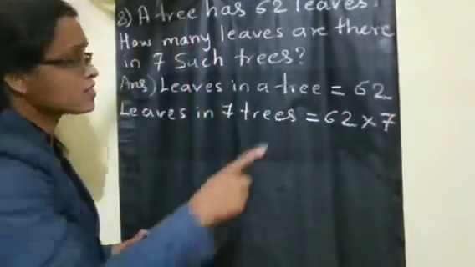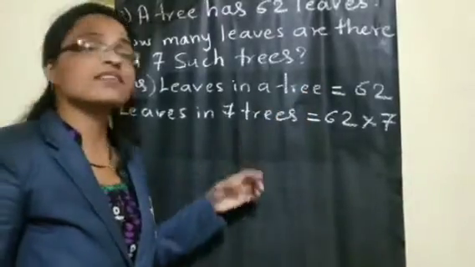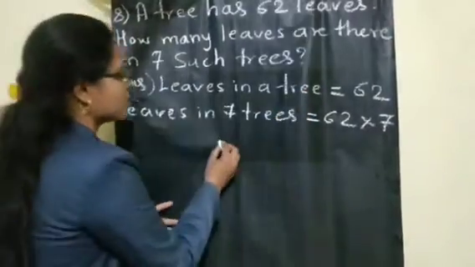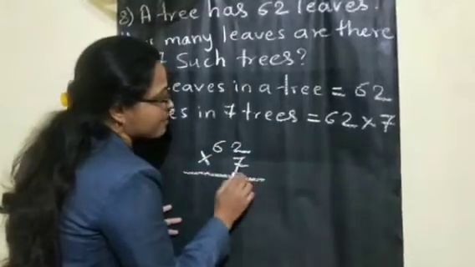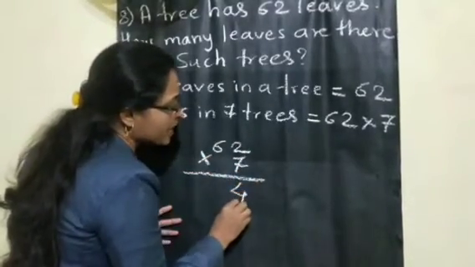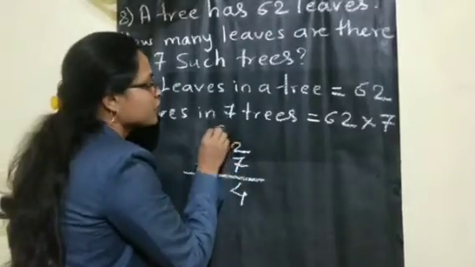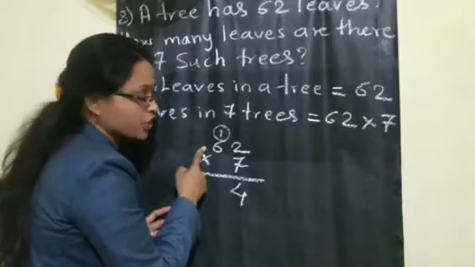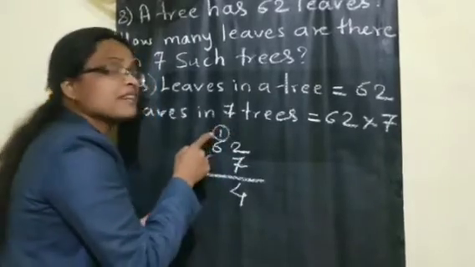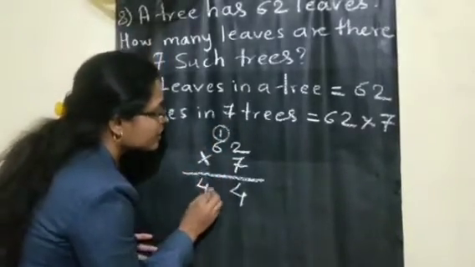In one tree, 62 leaves are there. So, in 7 trees, how many leaves are there? So, 62 multiplied by 7. 7 twos are 14. Carry 1. You have to write it in the tens place upside. 7 sixes are 42. 42 plus 1 carry is 43.